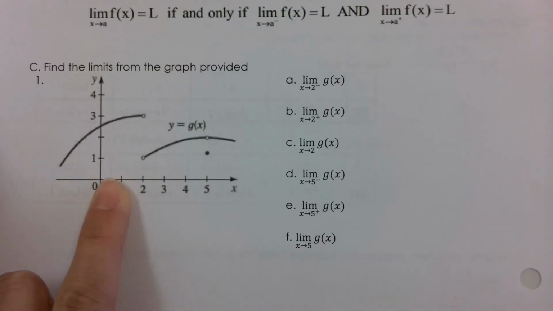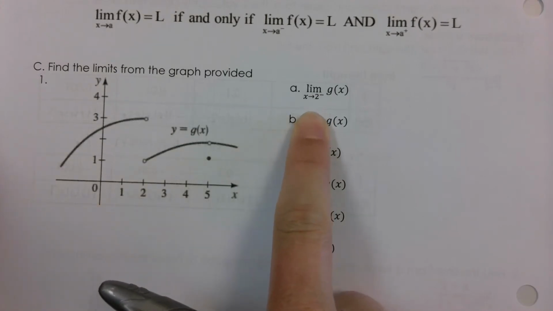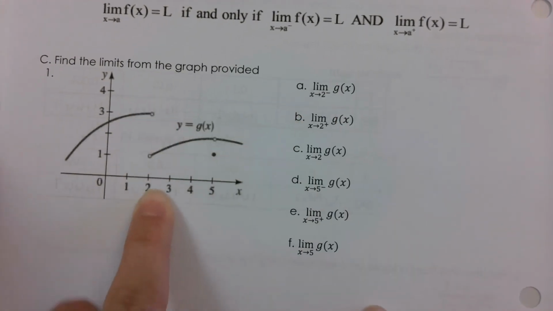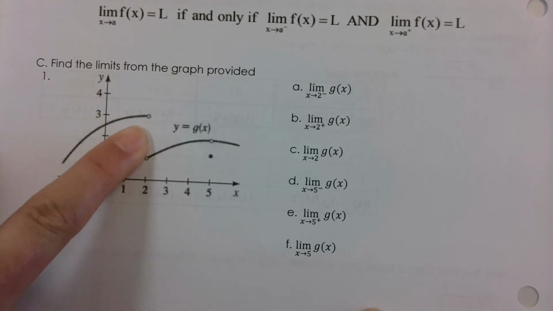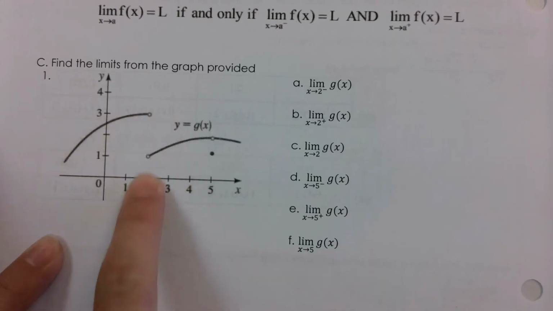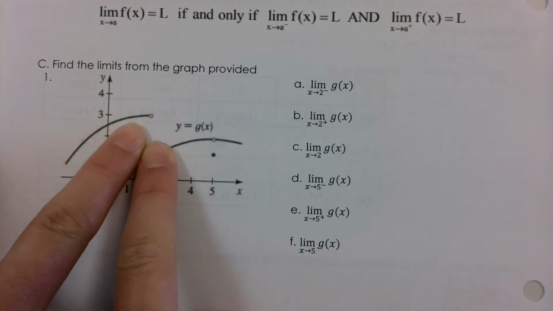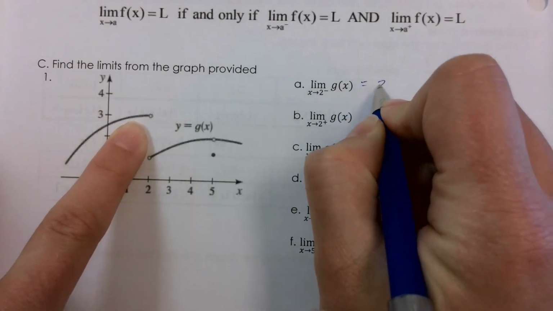So here's your graph. The first one wants the limit as x approaches 2 from the left. So if you look at 2, coming in from the left, what are we approaching? At 2, coming in from the left, what is the graph approaching? What y value? 3. Does that make any sense?